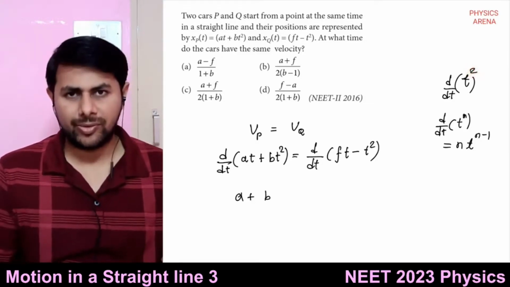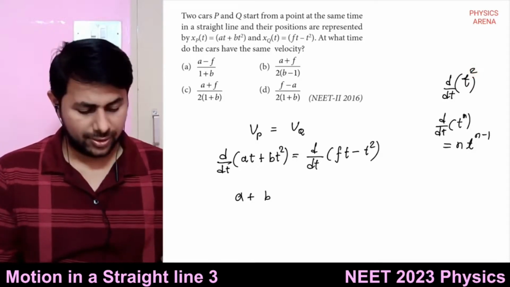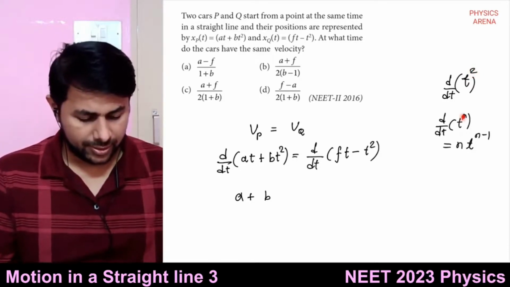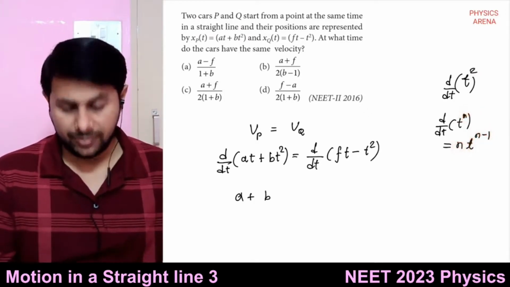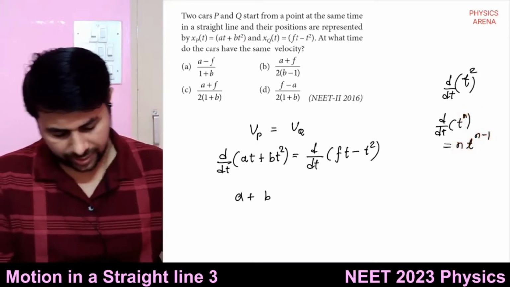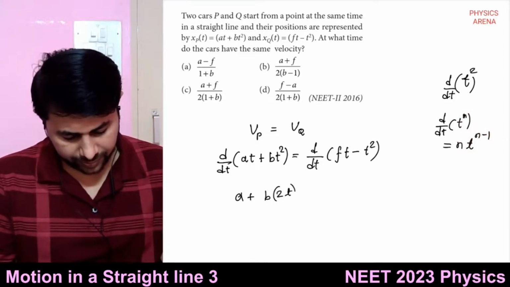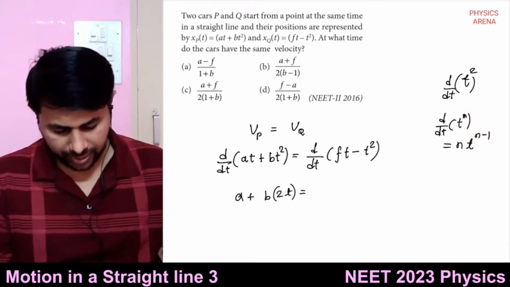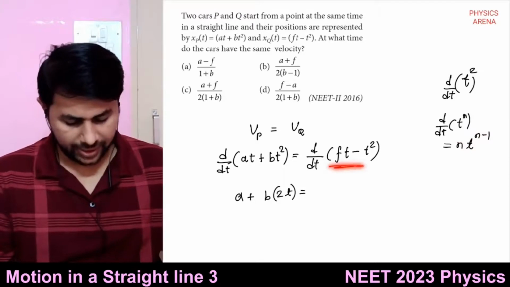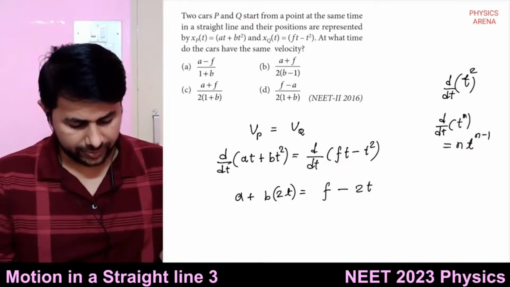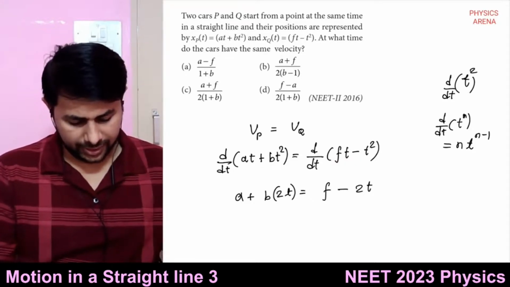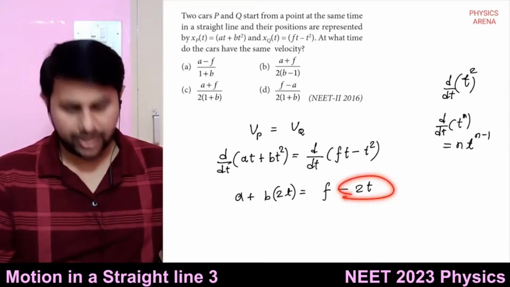So the derivative will be 2 times t raised to 2 minus 1, and 2 minus 1 is 1, so that is 2t. Similarly, on the right hand side, it is f minus 2t. Then you can take this 2t to the left hand side.